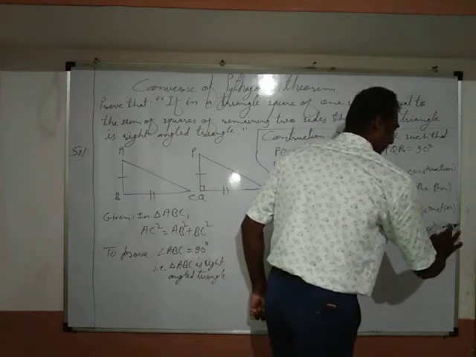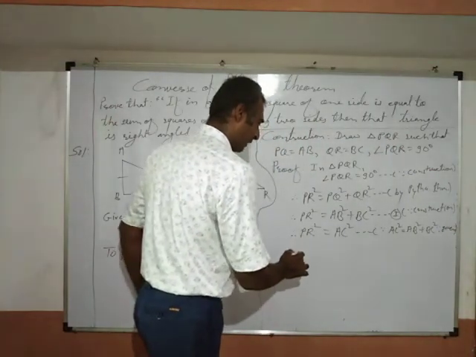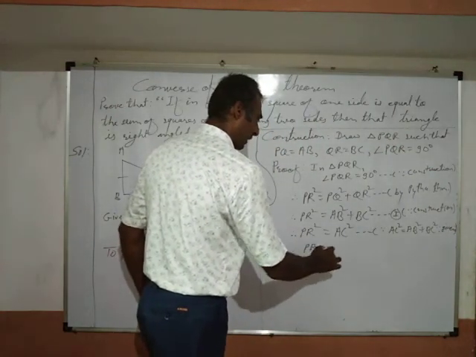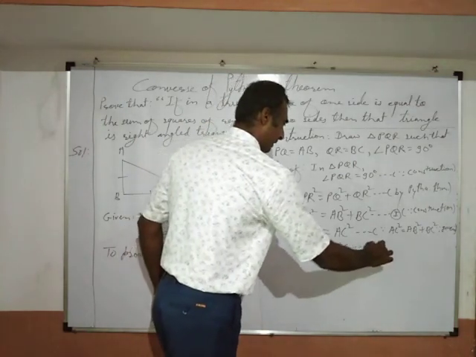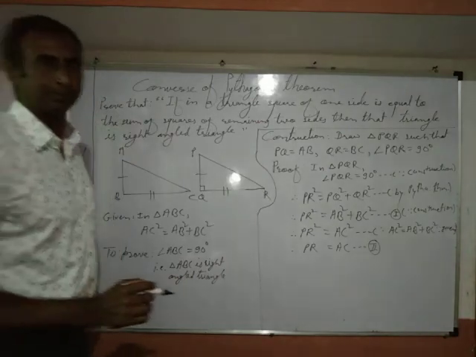Okay. And therefore, if we take the root, then we get PR equals AC. Let's call it equation second.